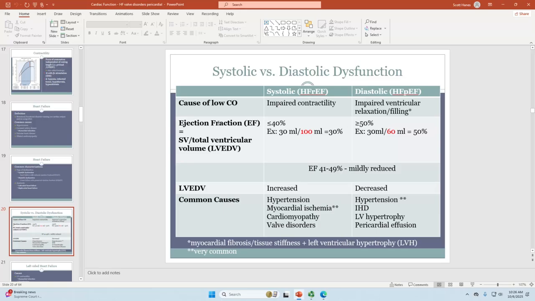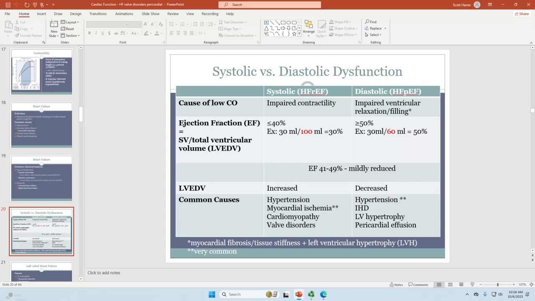Typically we define systolic heart failure by an ejection fraction of less than 40%. In other words, if you have 100 mLs in your left ventricle prior to systole, again this is our left ventricular end diastolic volume for our preload, and we eject 30 of it, our ejection fraction is 30%. Since it's less than 40%, that would be consistent with systolic heart failure.